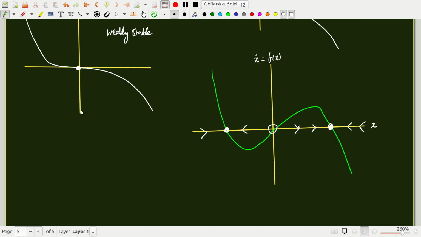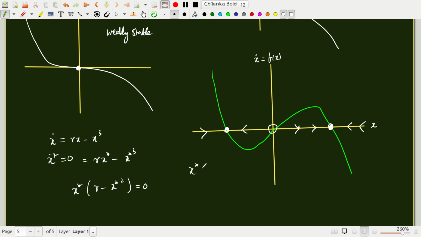Okay, so how do you find these stable fixed points? We have x dot is rx minus x cubed. For steady states or fixed points, x dot is 0, so r x star minus x star cubed is 0. If I take x star common, you'll get x star times (r minus x star squared) is 0.